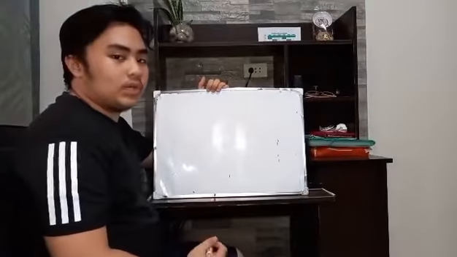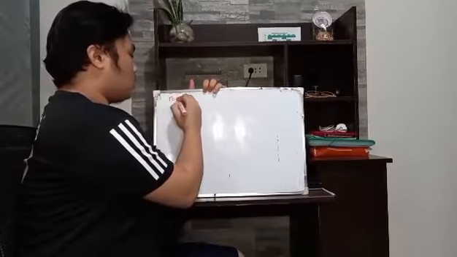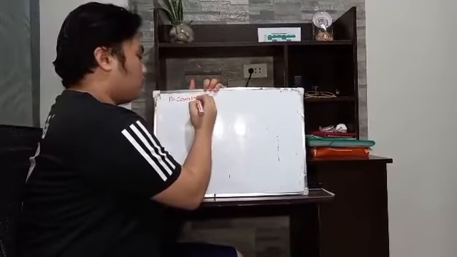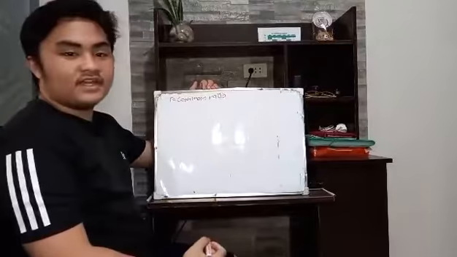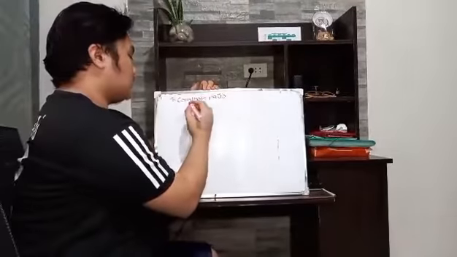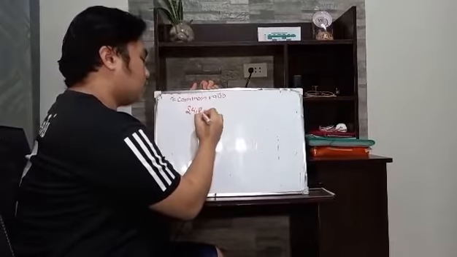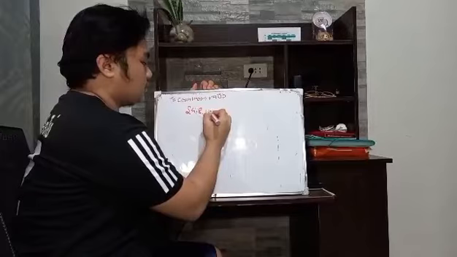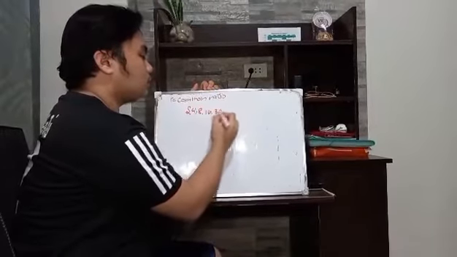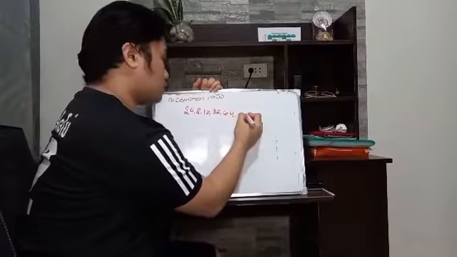So how are we going to find the r, or the common ratio? Let's have an example. Let's say we have 4, 8, 16, 32, 64, and so on.